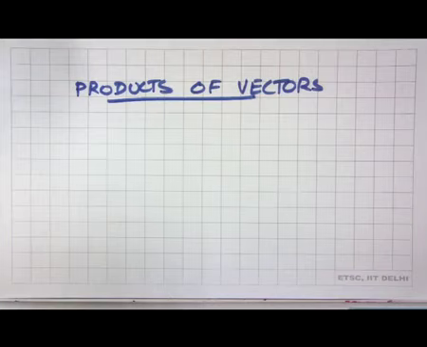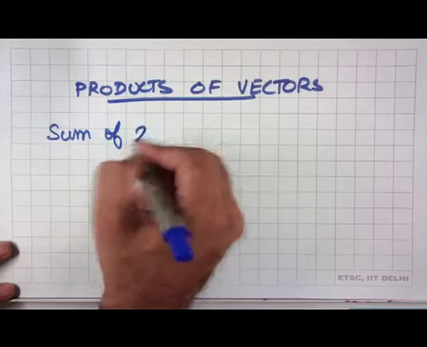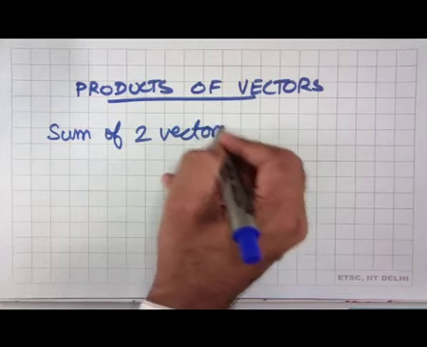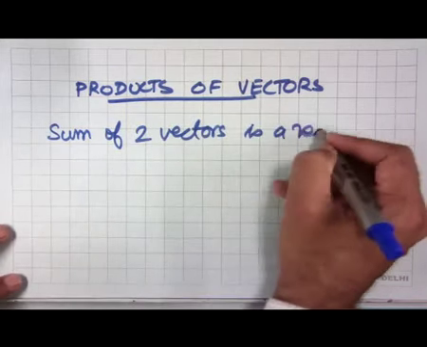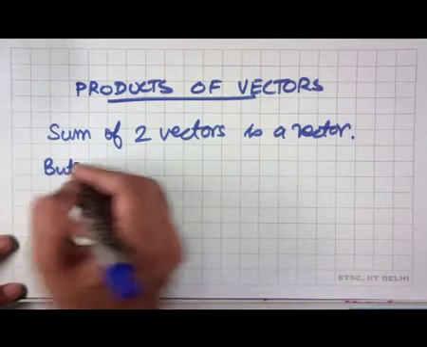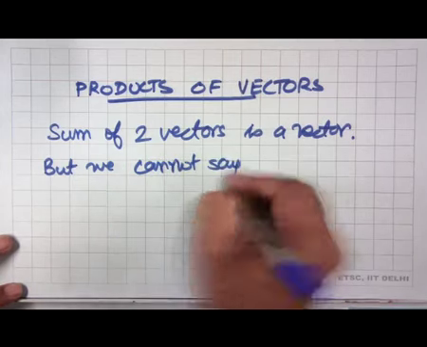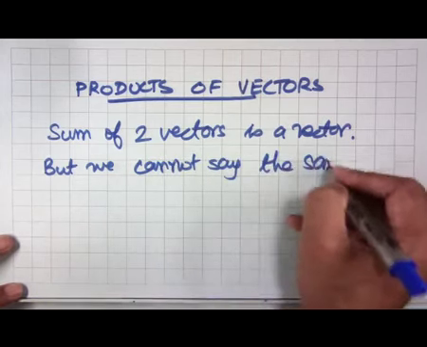Now, here what we see is that the sum of two vectors is a vector, but we cannot say the same thing for a product.